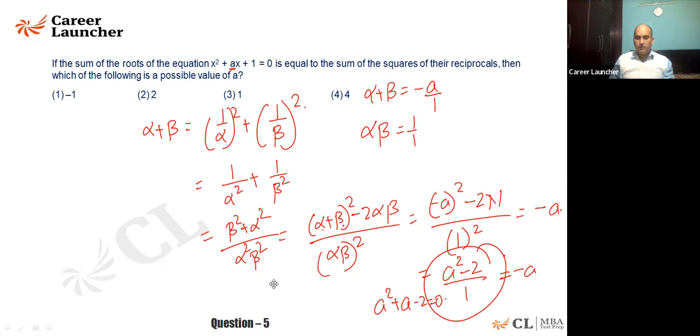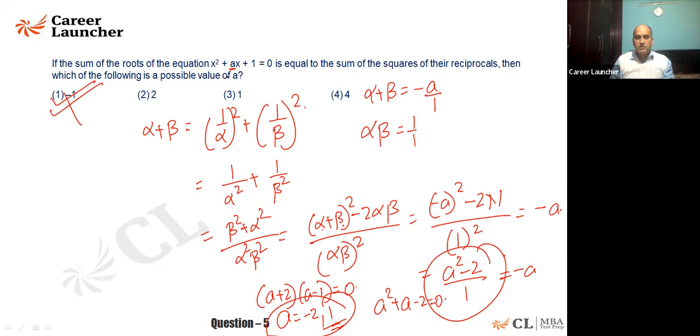I can write it in this form: (a plus 2) into (a minus 1) is equal to 0. I'll say a is equal to minus 2 or a is equal to 1 are the two values which are going to come there. Is that fine? Out of which, which of the following is the possible value?